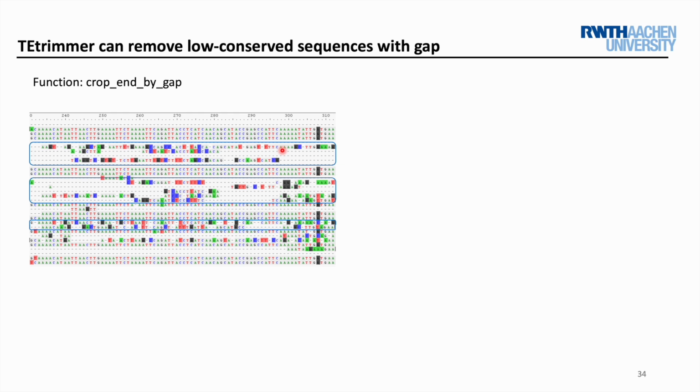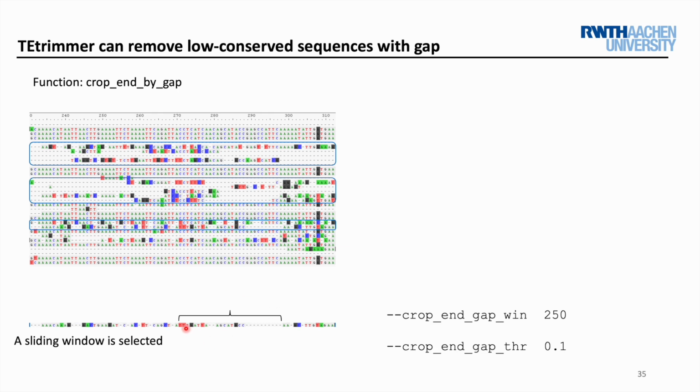But when you have a look, in those regions there are always gaps, whereas in the conserved regions there are no gaps or very few gaps. For each row of the multiple sequence alignment, same as the last function, it will create a sliding window and move nucleotide by nucleotide, and it will only stop when the gap number included in this sliding window is smaller than the threshold.